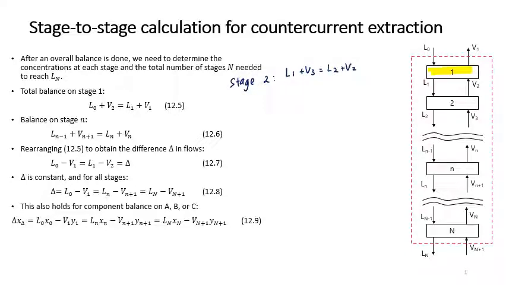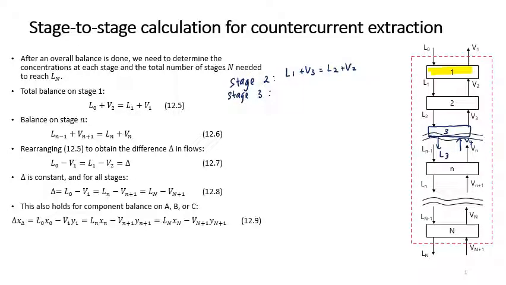Okay, let's say if you add another stage here, number 3, then you have in is L2, and then you have here V4, and then here you have L3. So for stage 3, I just want to show you the process of deriving the equations here.